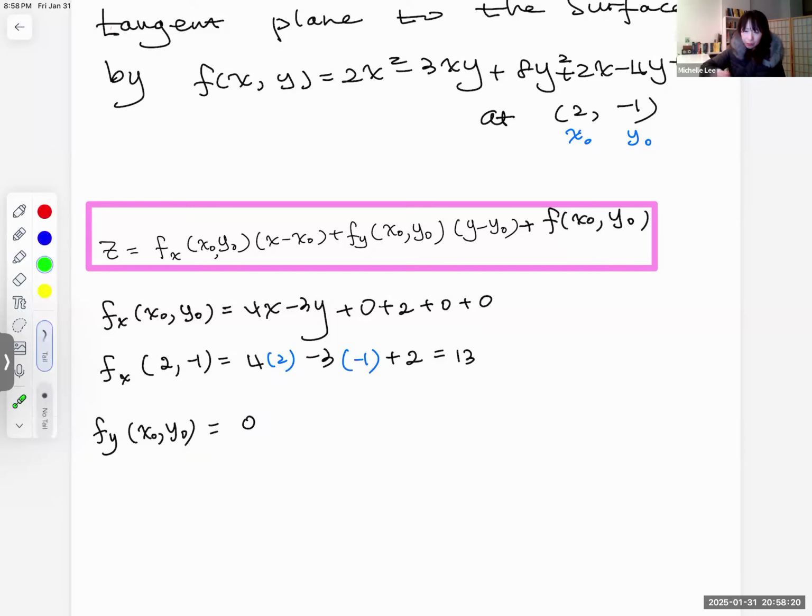For the second term, x is constant, so negative 3x, right? And the partial derivative of the next term with respect to y gives us 16y. And x is a constant, 0.